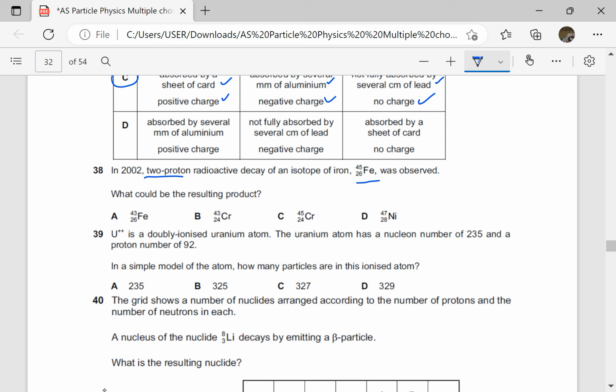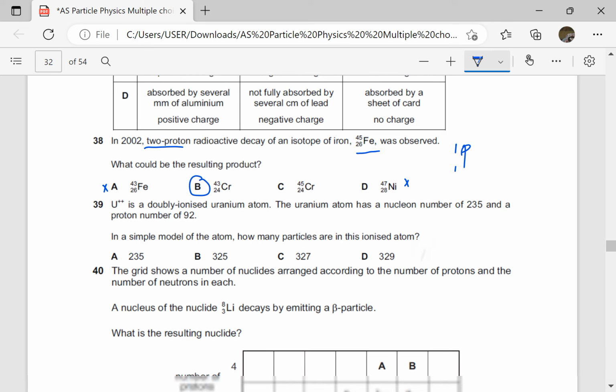That means this one is not correct, and this one is not correct. But since a proton is written as P 1, 1, if the proton number reduces by 2, the nucleon number must reduce by 2 as well. So this should be 43. So the answer is going to be B.